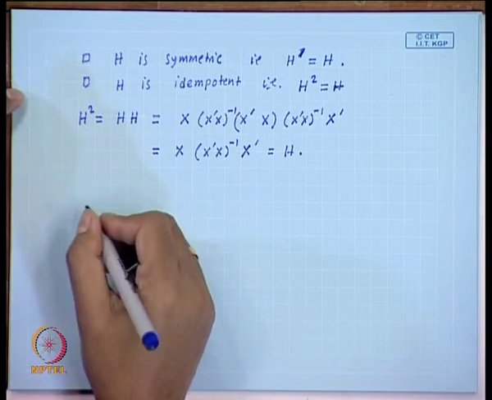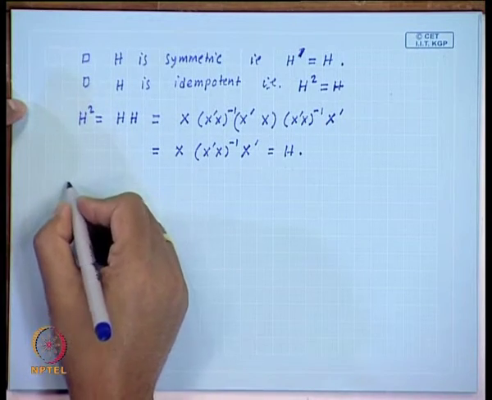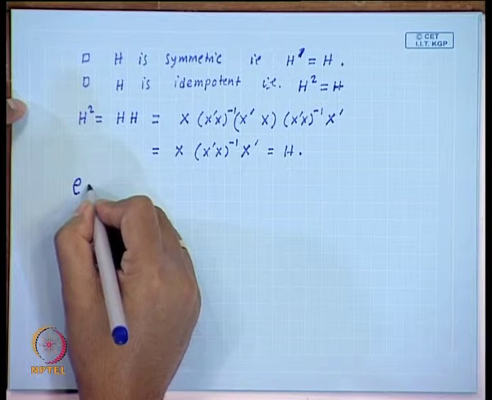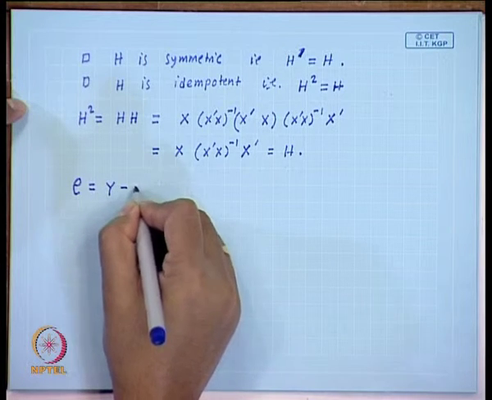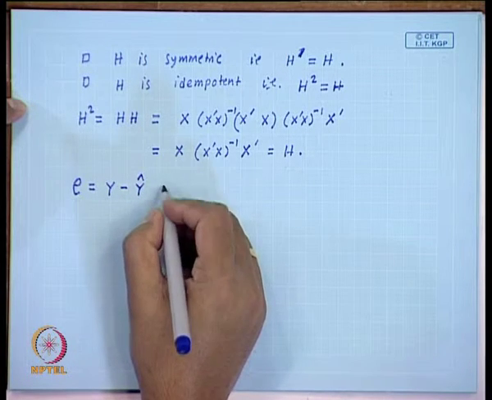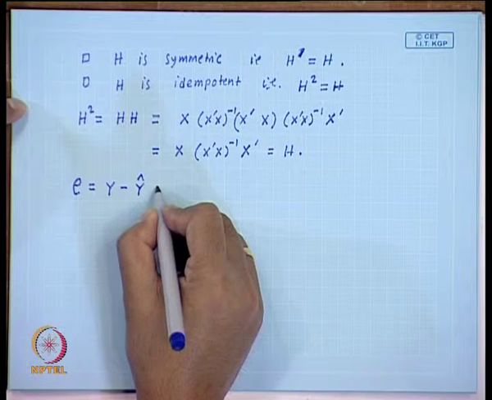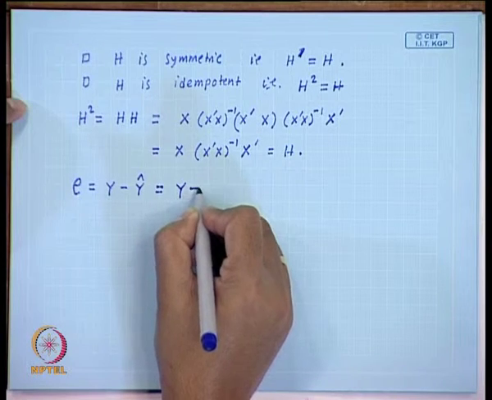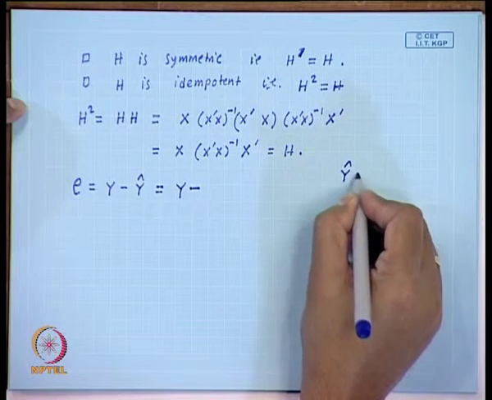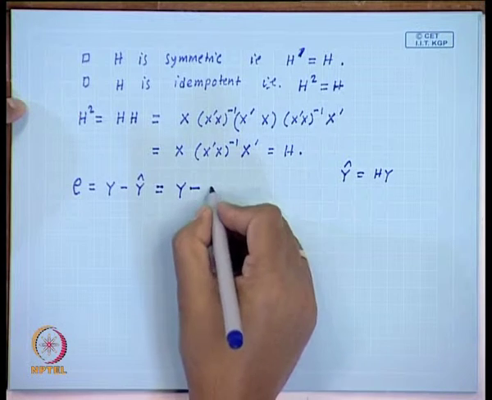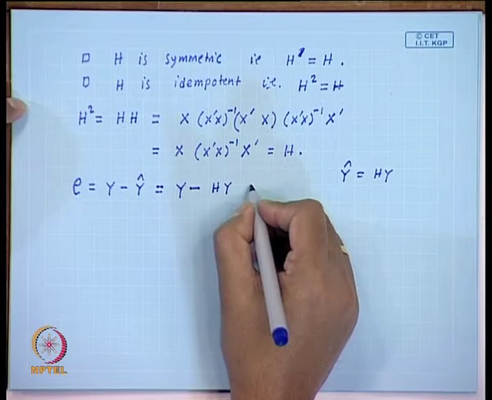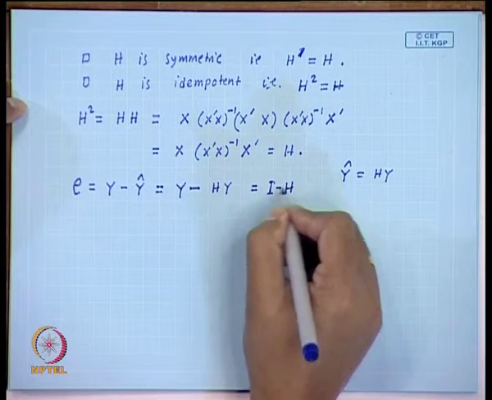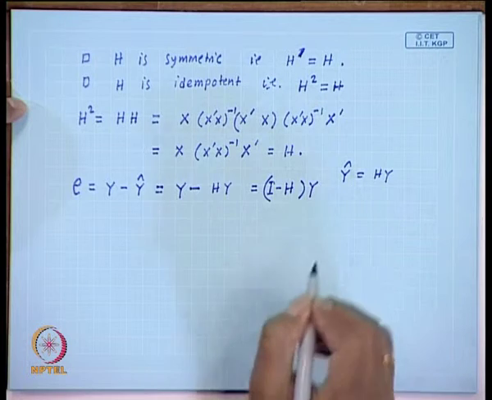Now, the residual, in matrix notation, the residual is equal to y minus y hat, right. So, y minus y hat is equal to y minus, now y hat, we know that y hat is equal to H y. So, H y, which can be written as I minus H into y.